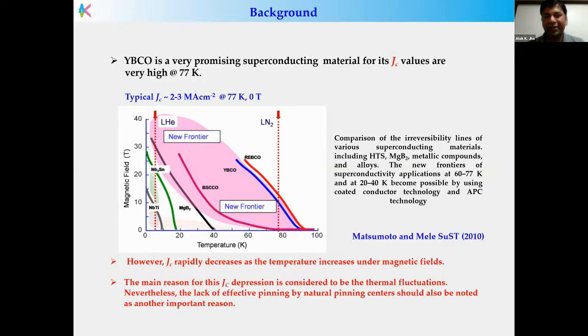But the strength of these naturally grown defects or pinning centers is not so high. So we need to introduce artificial pinning centers. Artificial pinning centers means the pinning centers or the defects which are intentionally introduced into the superconducting matrix.